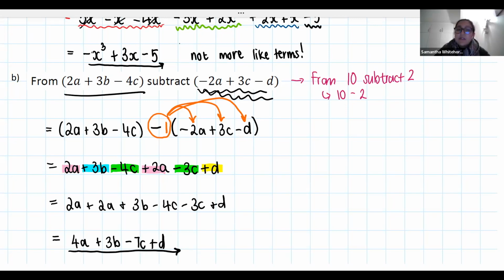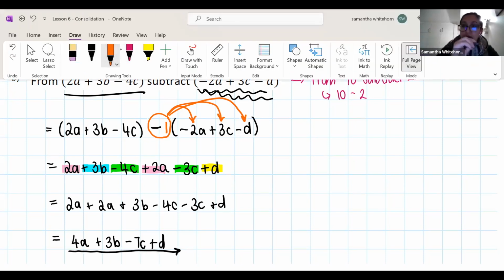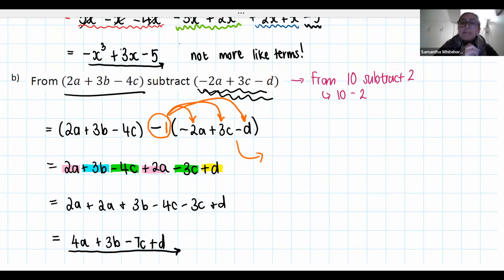So it is very important when you start subtracting expressions that you remember to distribute the negative 1. I'm actually going to write that as a note, because even in matric, this is where people go wrong. Silly mistake, and you know better, but it's very important.